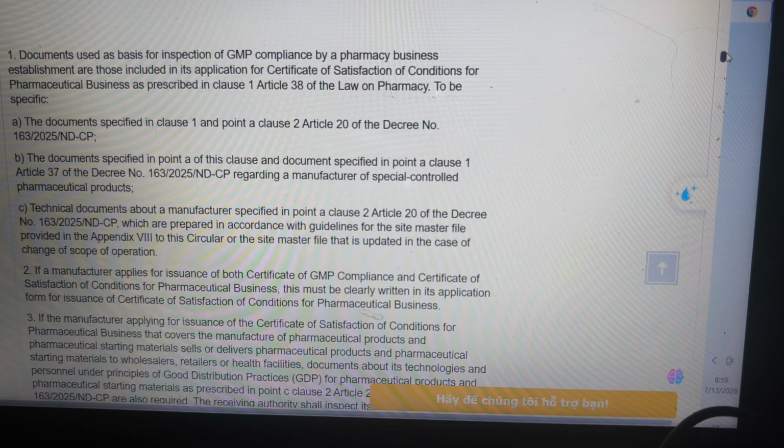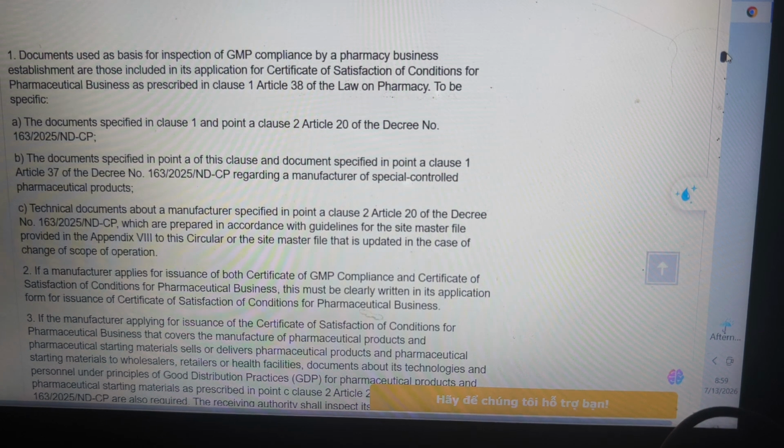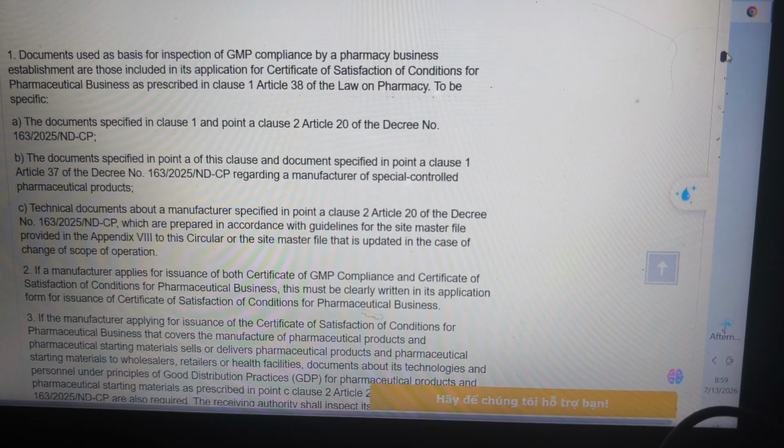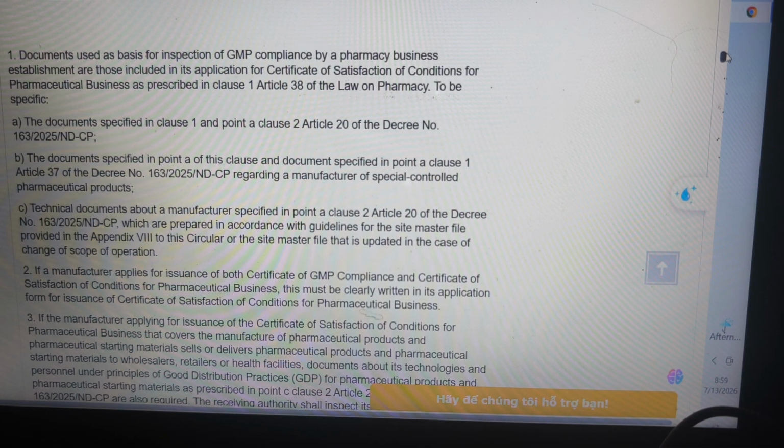To be specific, the documents specified in Clause 1 and Point a, Clause 2, Article 20 of Decree Number 163/2025 of the Government.